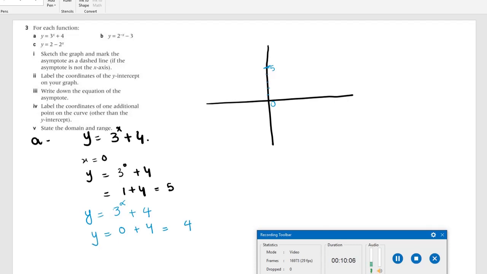This would be the equation of the asymptote. It would be the dotted line of the asymptote. So it should be like this. Okay, y equals 3 to the power x plus 4. Got it?